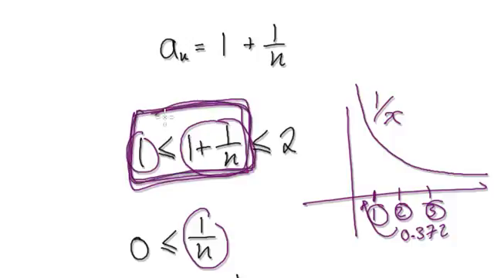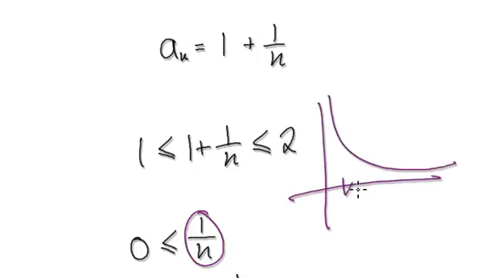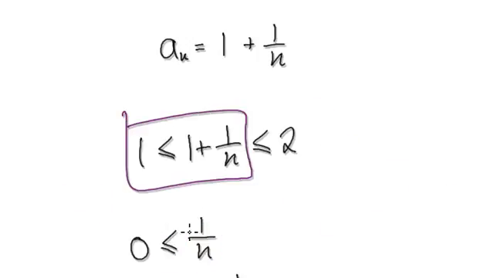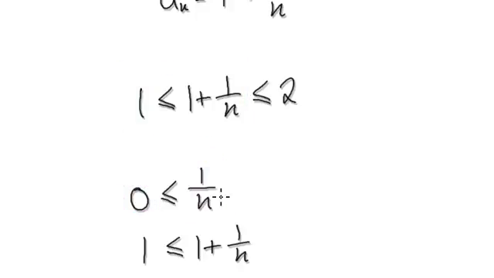So to show this, start out with 1 over n being greater or equal to 0, which it is, because anywhere on the positive side, you can see that 1 over n will always be above 0. We know that it will be strictly greater than 0, but let's just say it's bigger or equal to. Then add 1 equally to both sides.